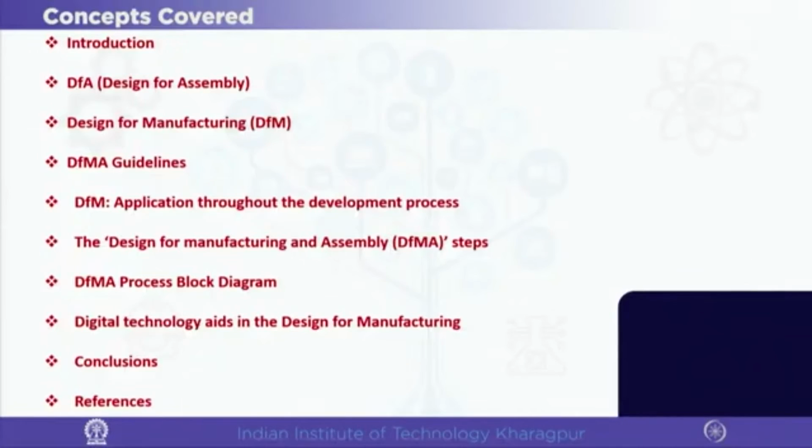Design for assembly. So, now we will first see the concepts covered in this session. With a brief introduction, we will go into design for assembly and design for manufacturing. Though very commonly it is called design for manufacturing and assembly, the word manufacturing comes first, then the word assembly.